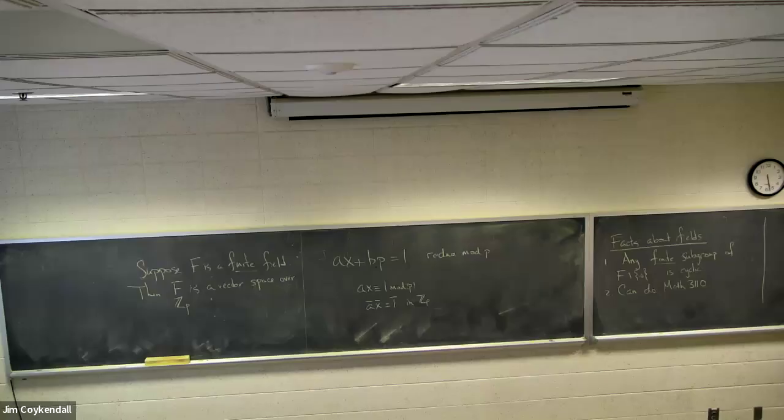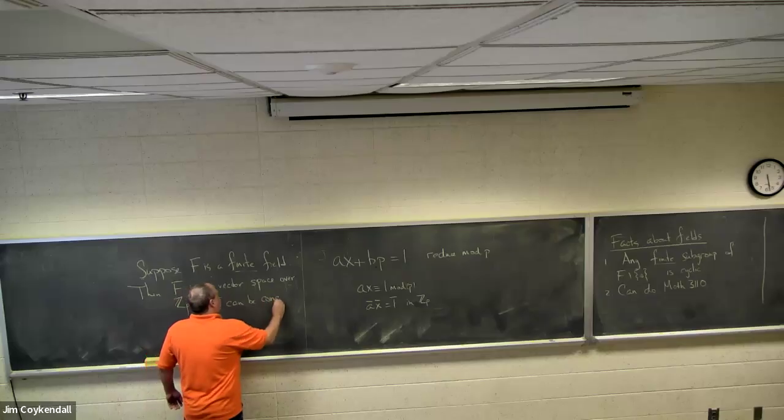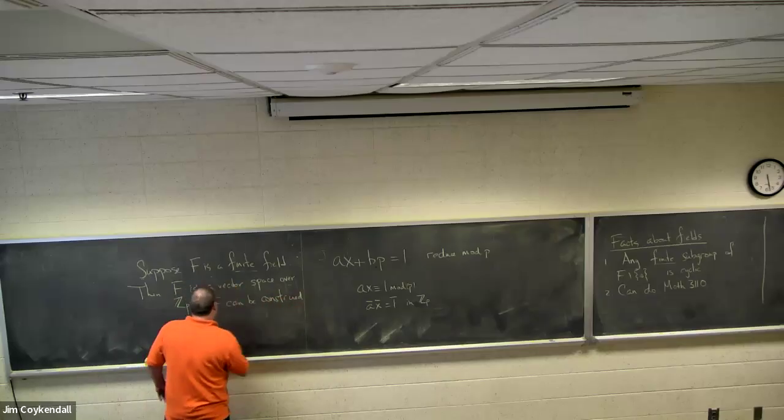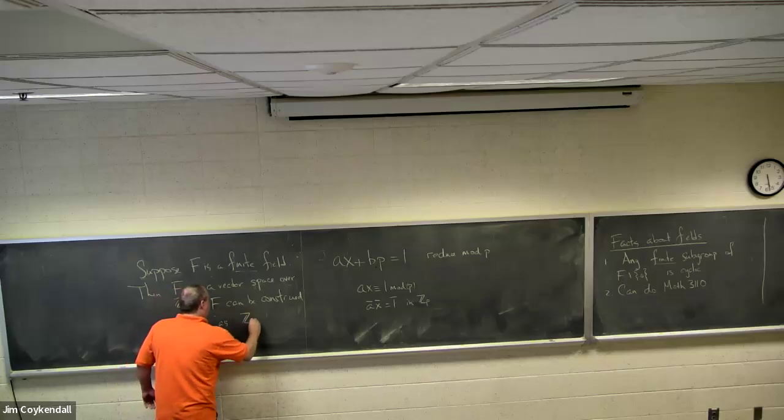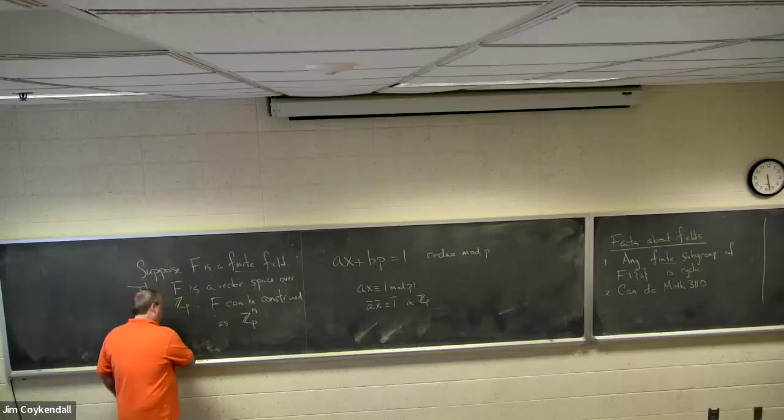So if I walk up to you on the street and give you a finite field, it will contain a copy of Z_p. And it will be a vector space over Z_p, just like the plane is over R, 2 copies of R, or space is over R, 3 copies of R. So F can be construed as some number of copies of Z_p, in exactly an analogous fashion to what happens in the reals.